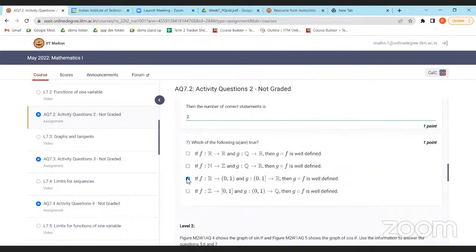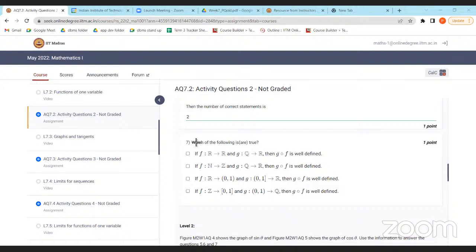Okay. How to approach this question, sir? Sure. So how do we find the domain of a composite function, like this g of x, right? In all the cases, we have to find out whether this g of x is well defined or not, right? g of x means g of f of x.